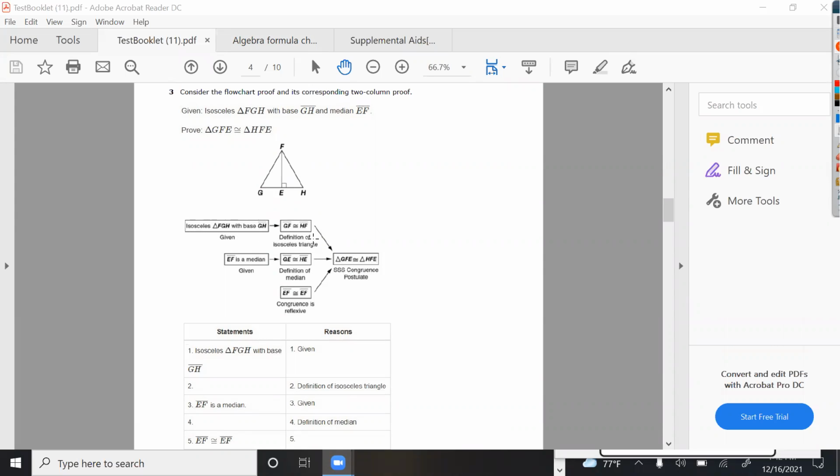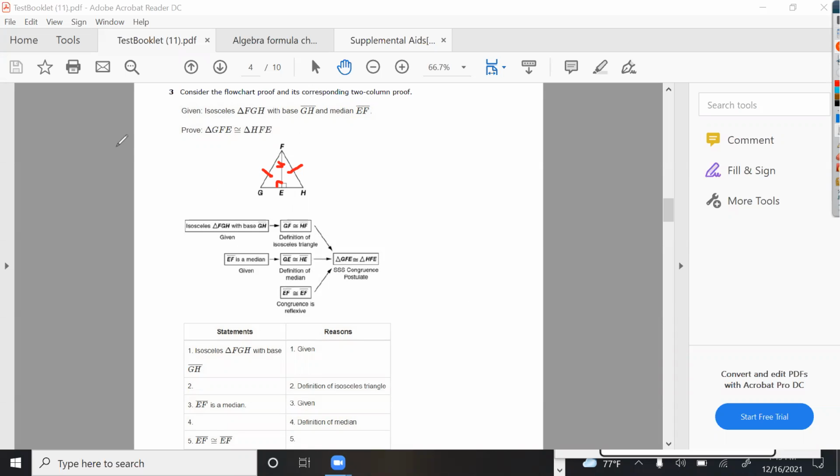We're going to use the definition of isosceles triangle to say that our line segments are congruent. If EF is the median, that means GE and HE are congruent because they're both going to be right angles by the definition of median. Right angle is congruent to a right angle. And then it says that EF is based on the reflexive property.